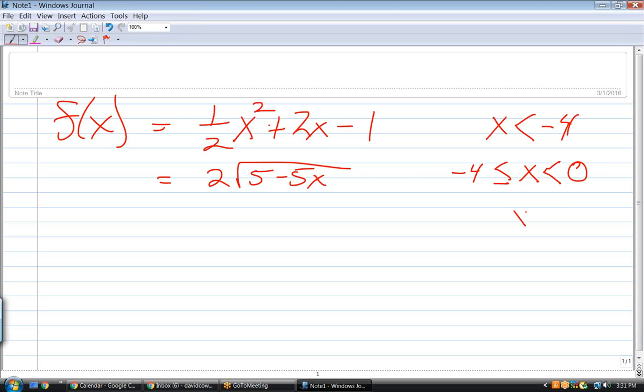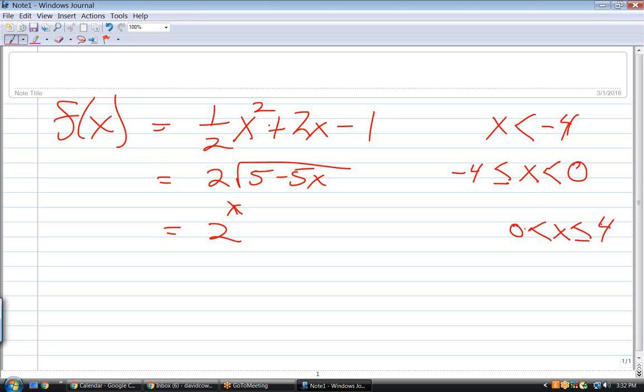And I'm guessing there's one more. There's 2 more. And then 2 to the x, and then 0 is less than x, which is less than or equal to 4. Looks like at 0 we have a less than 0 and a greater than 0.